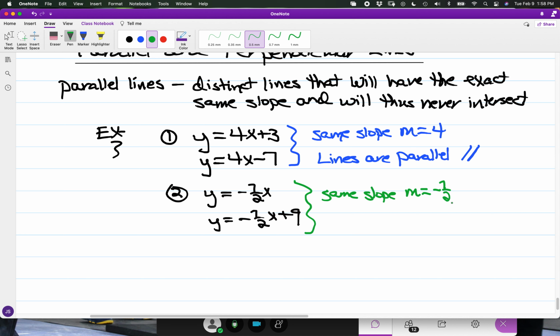Again, both of these equations are conveniently in slope-intercept form, and whatever is next to x is going to be the slope. And again, these lines are also parallel.